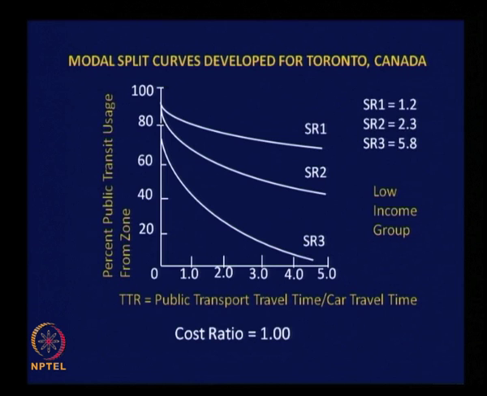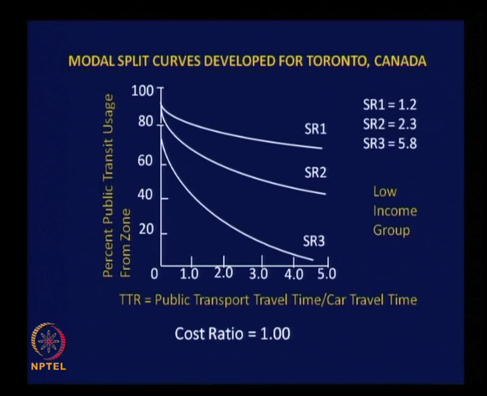If it is SR1, you can say about 80% of the travelers will be using public transport, and if it is SR2, just 60% will use public transit and 40% will make use of their own car. And if it is SR3, it is going to be 30%. 30% will use public transit, rest will make use of their own car.